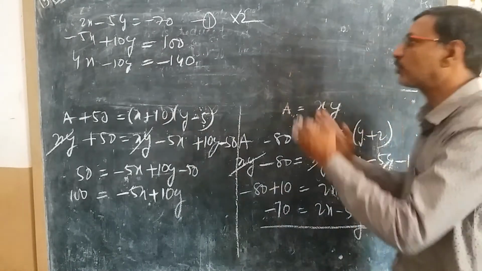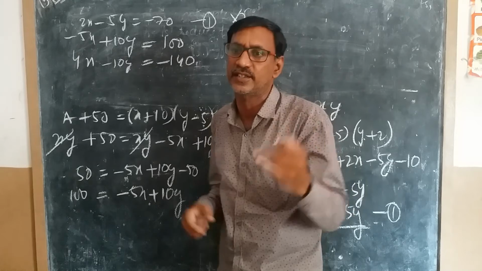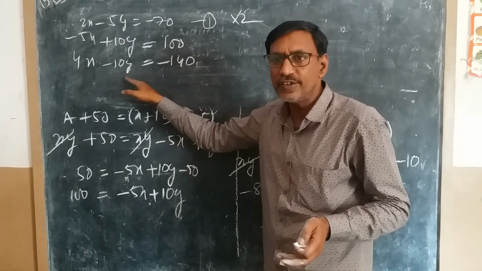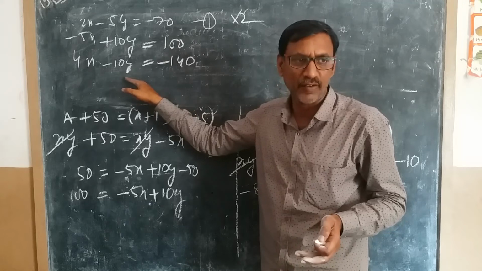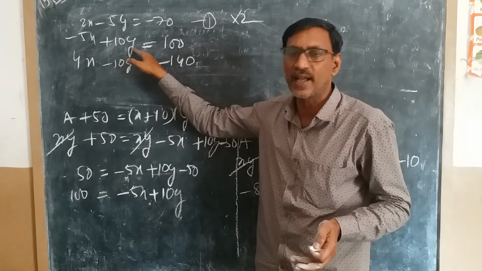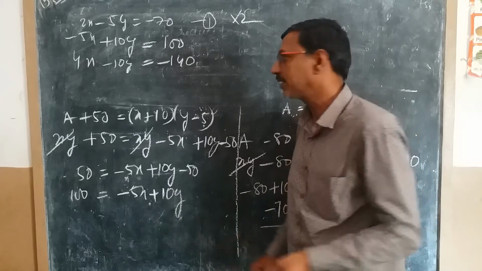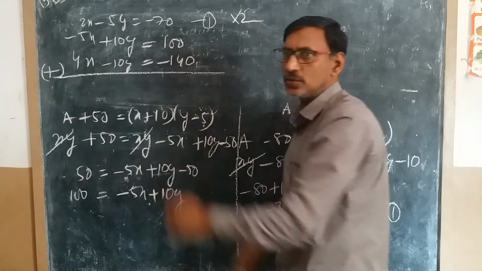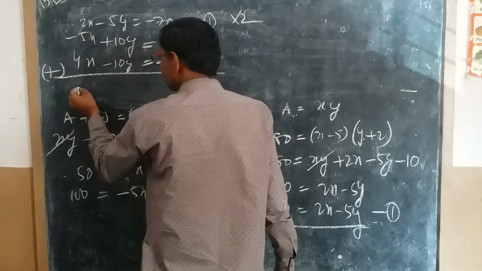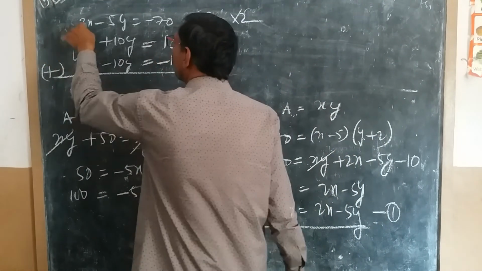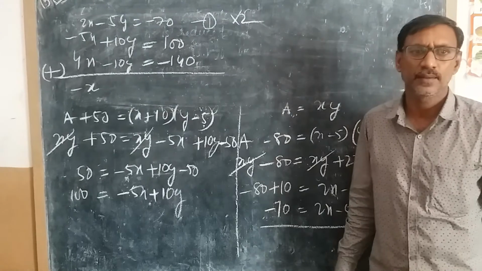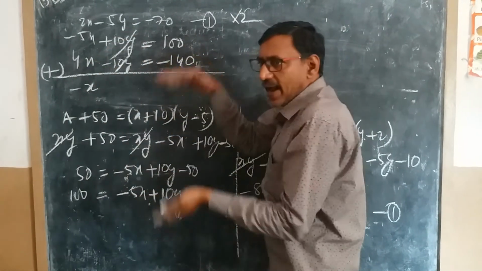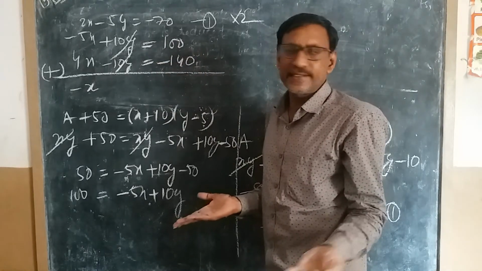I just multiply 2 on both sides of the first equation. I will get this equation in which I have minus 10y. In the second equation I have 10y. So now I just add these two. By adding these two, I will get here minus x, because 4x minus 5x. Here these two get cancelled. By adding plus and minus, both will get cancelled.